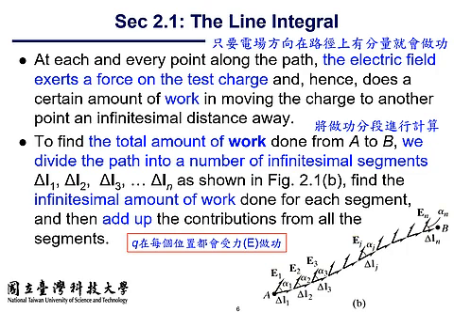You need to divide the curve C from A to B into small pieces and calculate the force exerted on this charge individually. And then you add up all the work acting on the charge to get the total work experienced by this test charge.